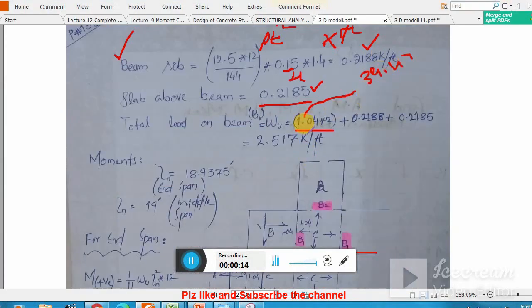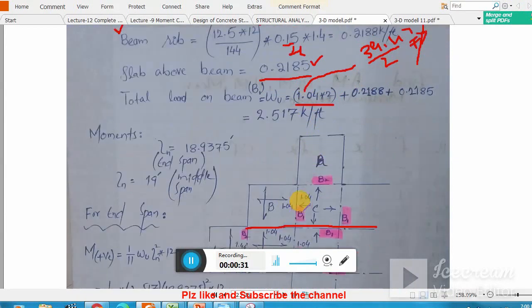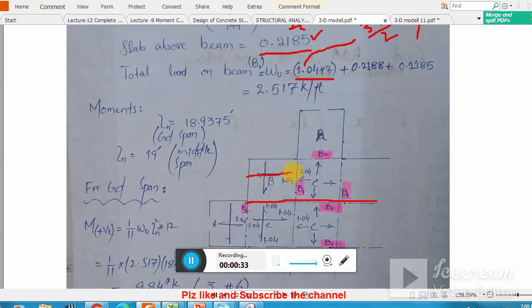Okay, so 1.04, I am explaining that this is basically divided by 2 and plus, once you got 19 point something from this value, that 19 point something will be further divided by the width of the panel. Okay, this is the transverse width of the panel, because this is the beam, so we have to consider one strip width.